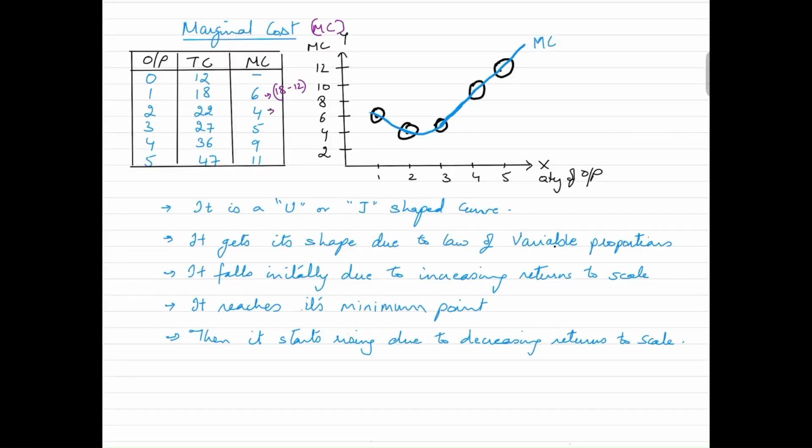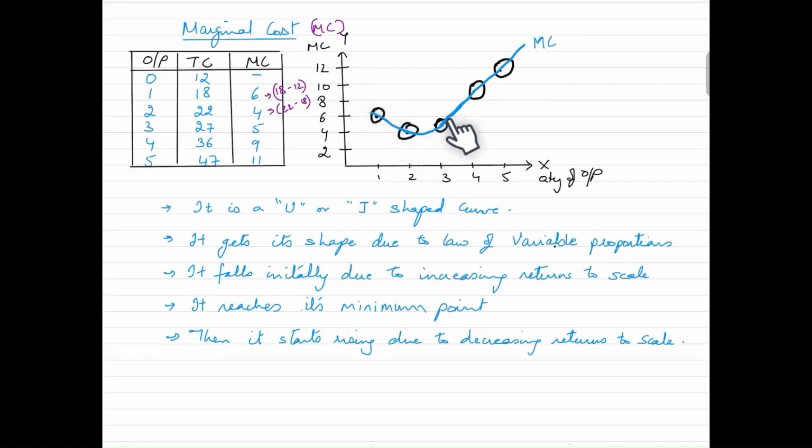Likewise, it is the total cost of unit 2 minus the total cost of unit 1, and this way we have calculated the further units of output. The same is depicted in the graph. At 1 unit of output, the marginal cost is 6, at the second unit it is 4, at the third unit it is 5, at the fourth unit it is 9, and at the fifth unit it is 11.